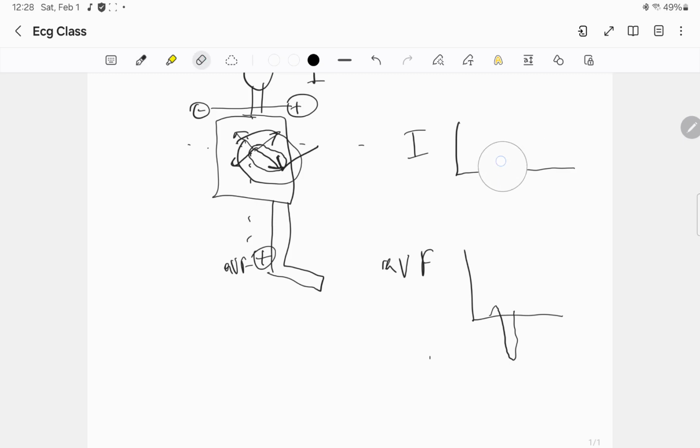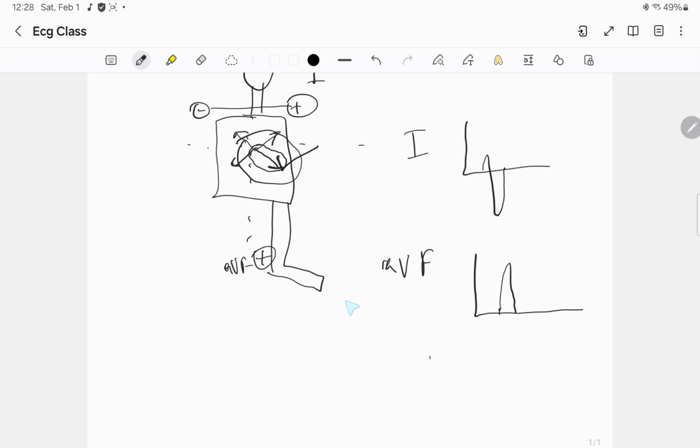I could draw lead 1 like that, and AVF like that. So I draw my diagram again, AVF, lead 1.